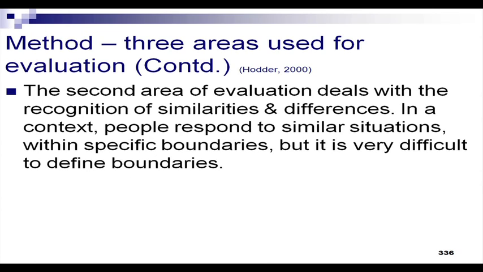Okay, the second area of evaluation deals with the recognition of similarities and differences. In a context, people respond to similar situations within specific boundaries, but it is very, very difficult to define boundaries. That's exactly what I am saying. Boundaries emerge, similarities and differences emerge. The researcher must be equipped to identify these similarities and differences.